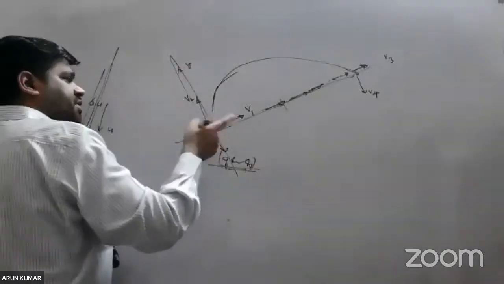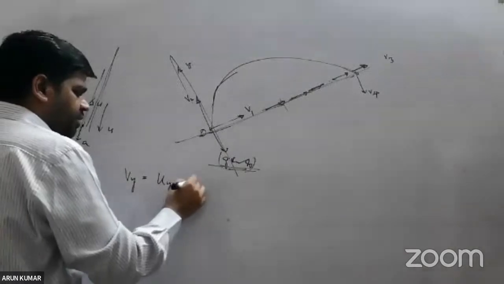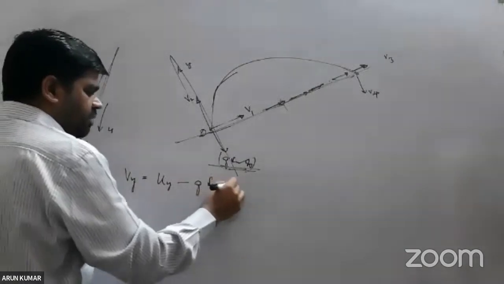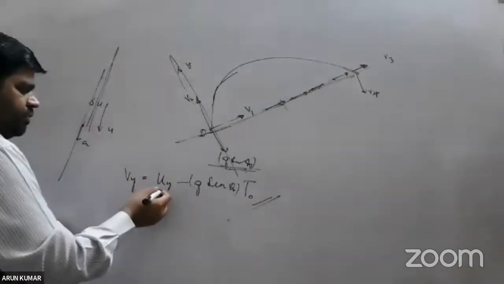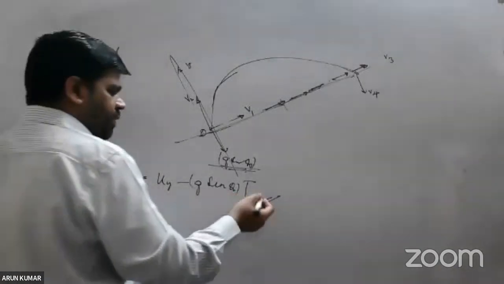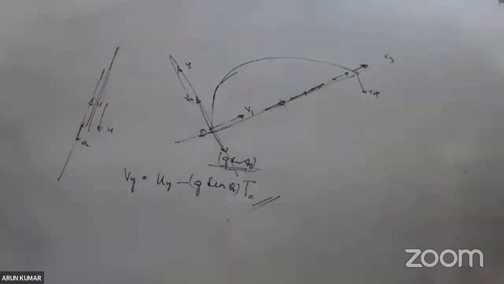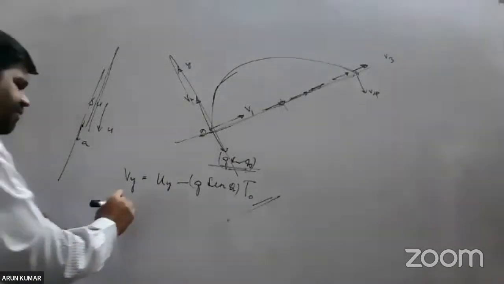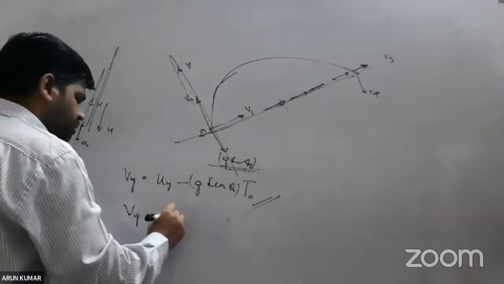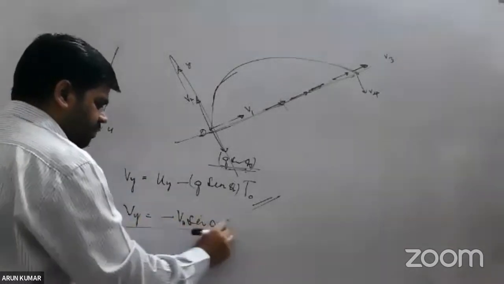If I take the equation Vy is equal to Uy minus g sine theta naught into time of flight, after one time of flight, if I substitute Uy and everything, I'll get Vy is equal to Uy in magnitude. In direction, it is reversed. So I'll get Vy is equal to minus Uy over here. So I'll get Vy finally minus V naught sine alpha naught.